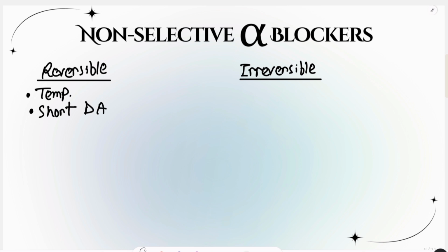But an irreversible drug will permanently block the alpha receptor, so the duration of action will be longer. As they are both non-selective alpha blockers, both of them will cause tachycardia.